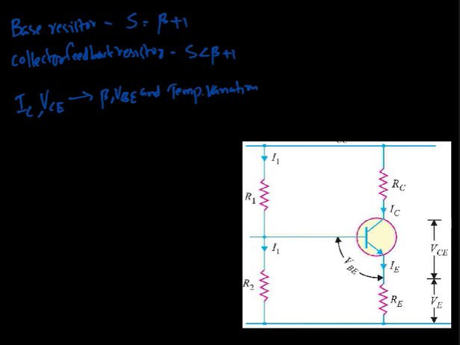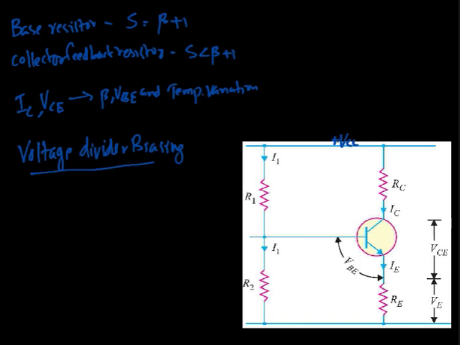Such stability with a proper biasing circuit is ensured by a new type of biasing, which we call the voltage divider biasing, or potential divider biasing. The circuit of transistor biasing with a voltage divider arrangement is given in this diagram.